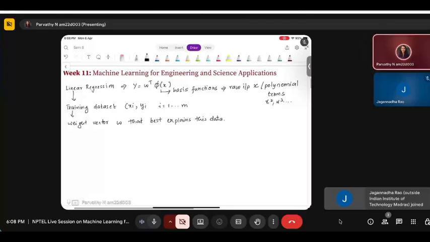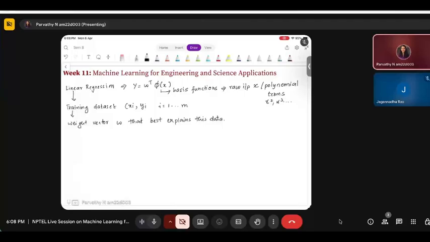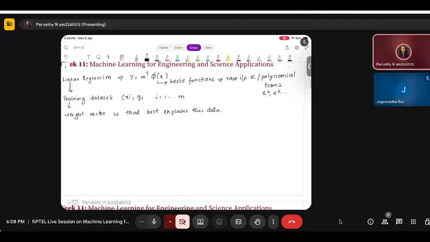So if we assume that the data points are identically and independently distributed, the probability of observing the entire data set is the product of the individual probabilities. This is what we call the likelihood function.